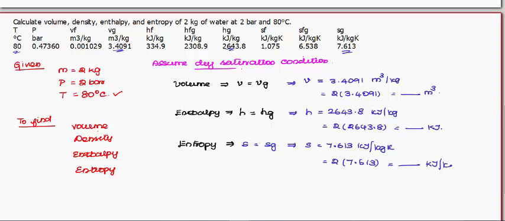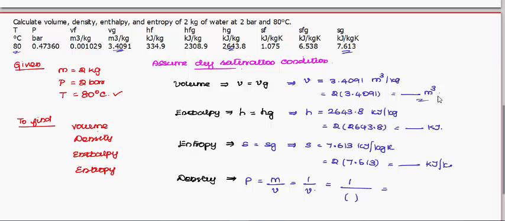Now the last one, density. Density value can be calculated as density equal to mass per volume, or specific volume reciprocal. Here our mass is 2 kilogram, or you have to convert it into specific volume reciprocal, 1 divided by specific volume answer.